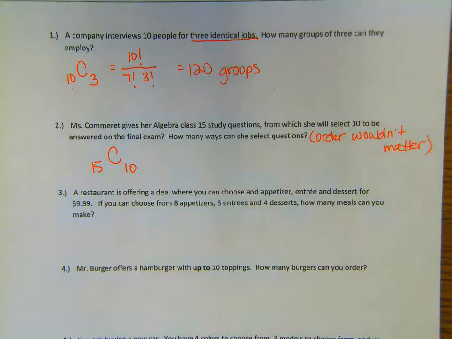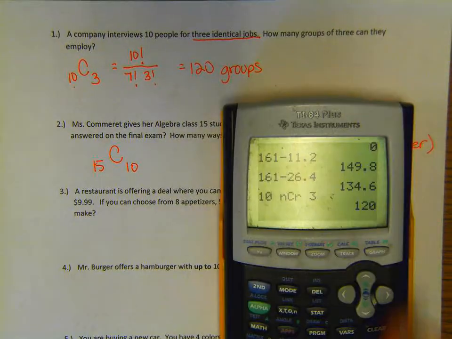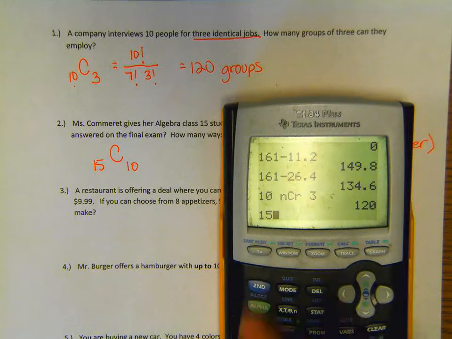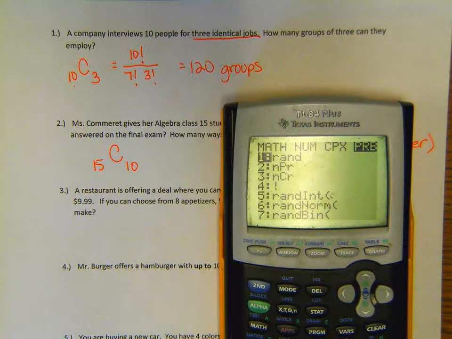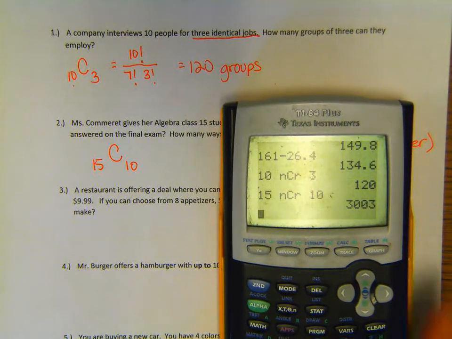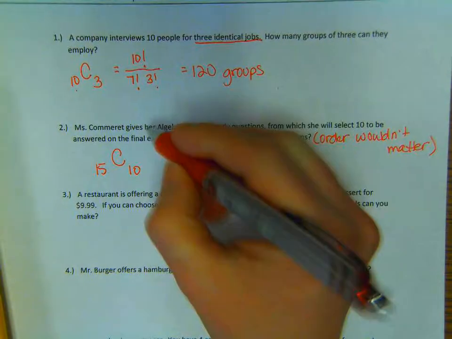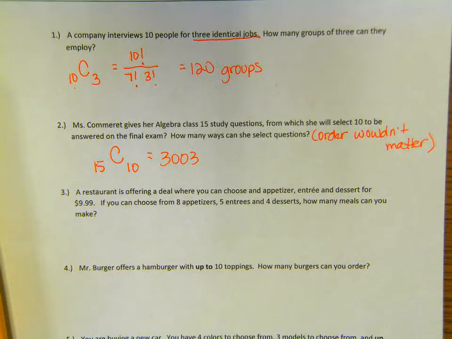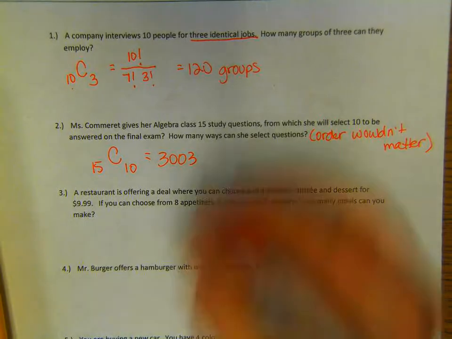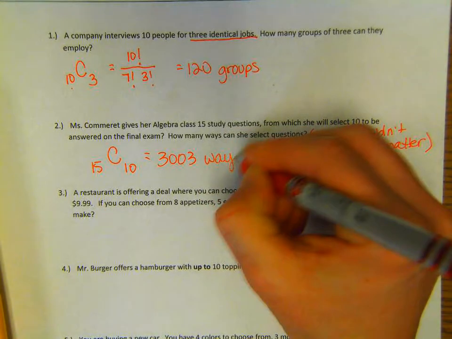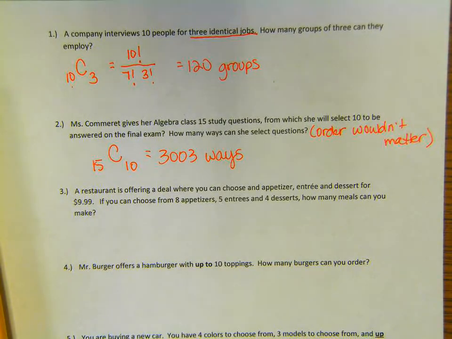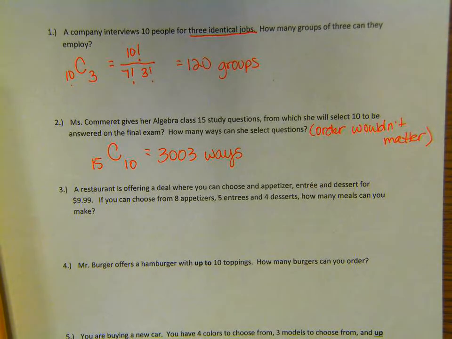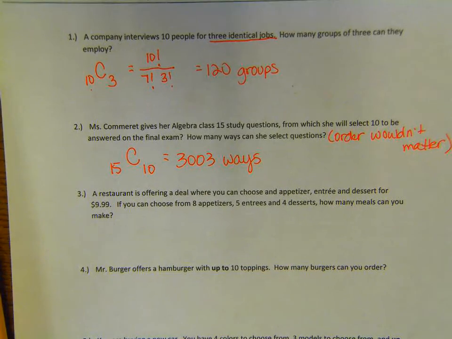Okay, so 15C10 is 3,003 different ways. Or I should say different tests, that would be. Okay, so then let's take a look at number 3.